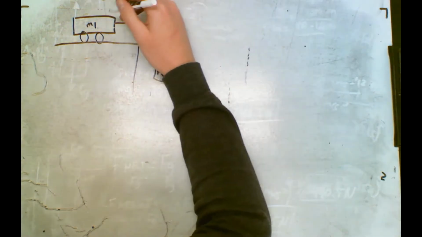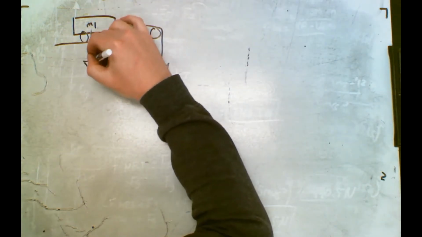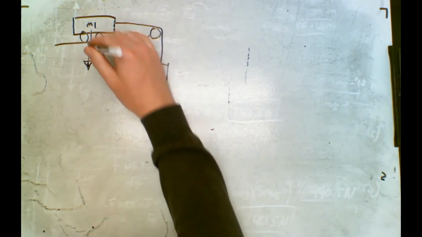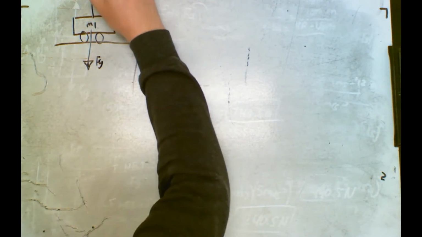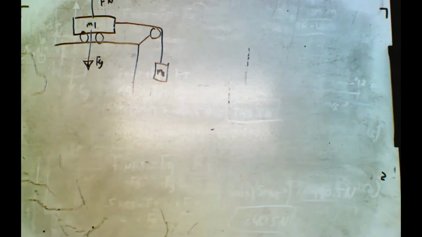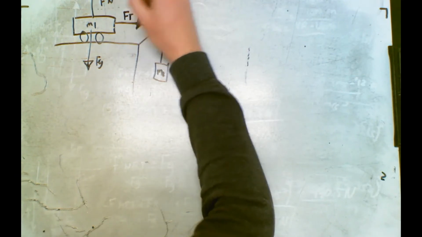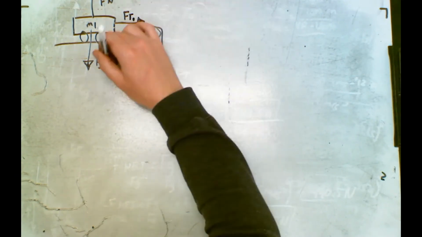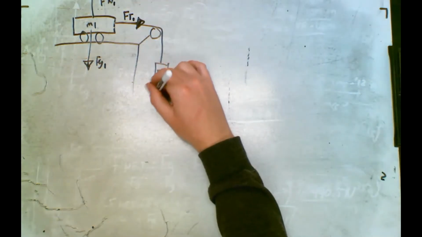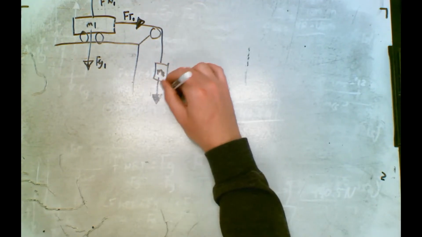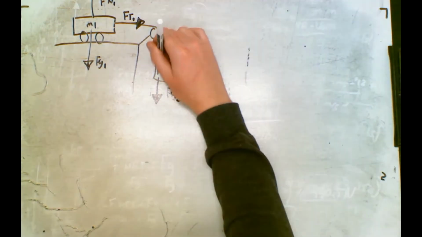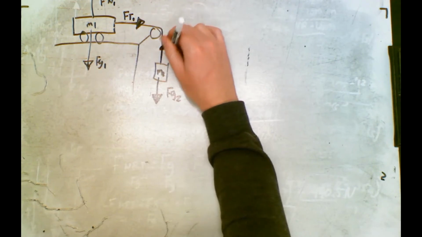The forces acting on mass 1, obviously there is a force of gravity and a force normal. Sorry, that's a little bit off the screen, but you'll just have to trust me that those are the same size. And what propels this forward is a force of tension. So we're going to call these all mass 1. Mass 2 has a force of gravity like that, and it also has a force of tension like that.